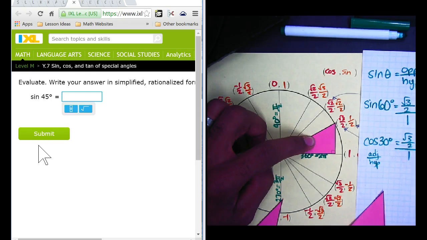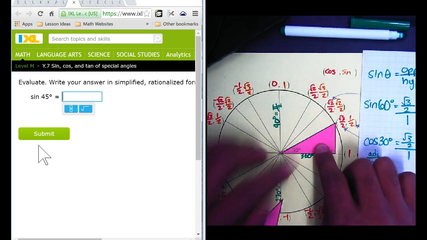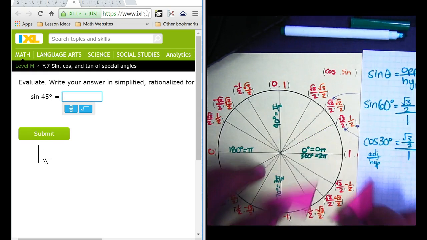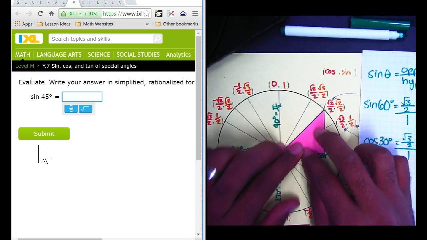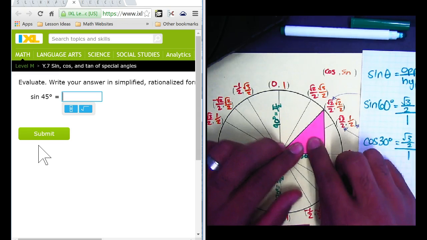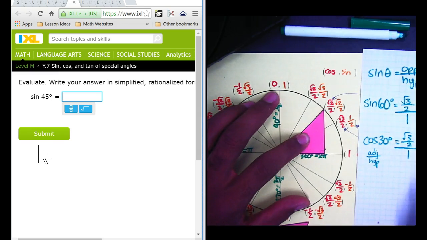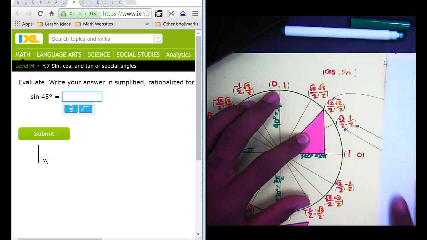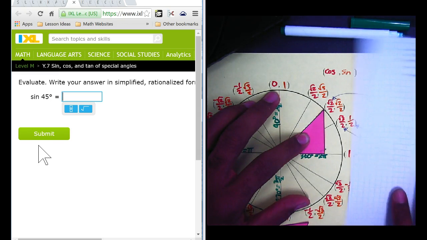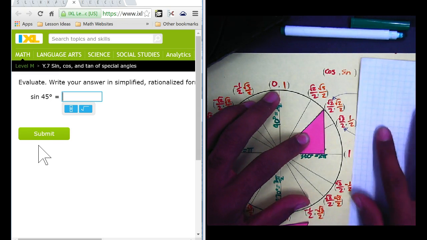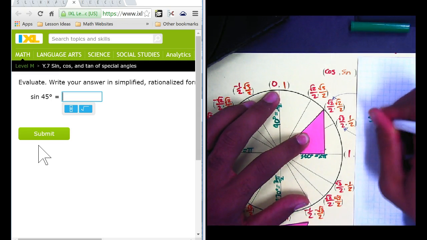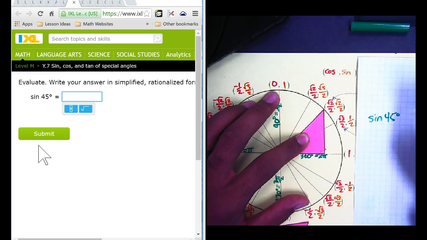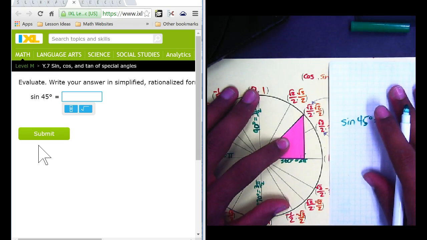Okay? Now how about if we have a 45-degree angle? Okay, well let's get over to a 45-degree triangle. Our 45-degree angle is right here at this point. And the sine, again, let's flip this page. The sine is going to be the opposite over the hypotenuse. So sine of 45 is going to be the opposite over hypotenuse.